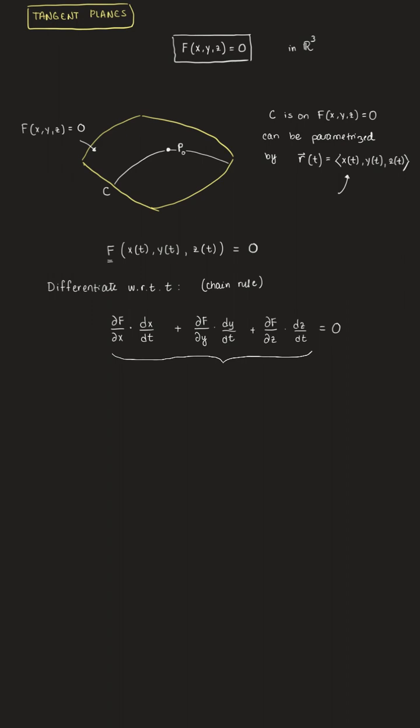So we could write this as the dot product between this vector, whose components are partial derivatives, and we know this vector, we'll talk about it in a moment, and this vector, whose components are ordinary derivatives with respect to t of our vector function. So dx dt, dy dt, and dz dt.